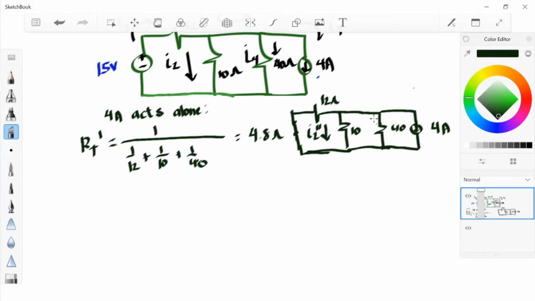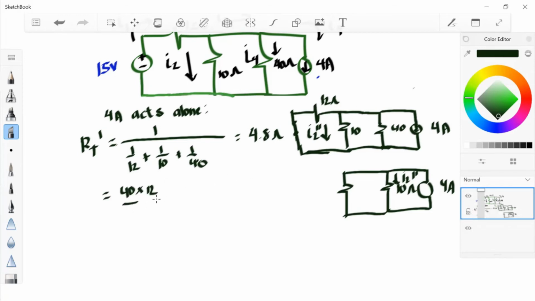We need to redraw and combine 12 ohms and 40 ohms. This is the 4 amps, this is 10 ohms, here is I2 double prime, and using product over the sum, 12 in parallel with 40 ohms gives 120 over 13 ohms.